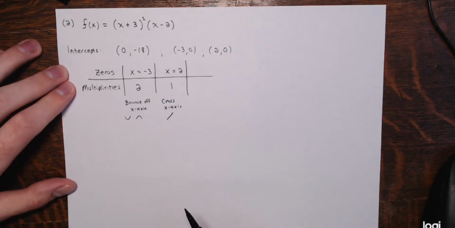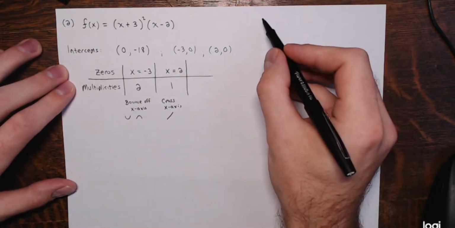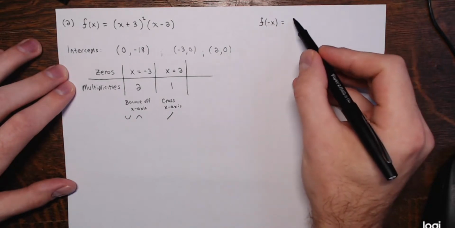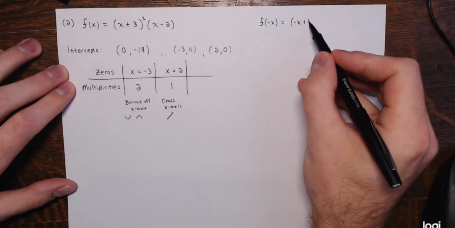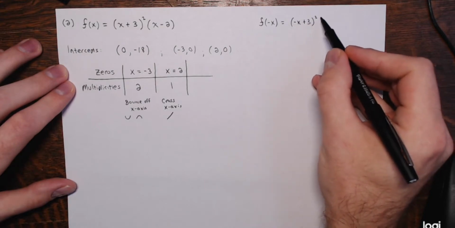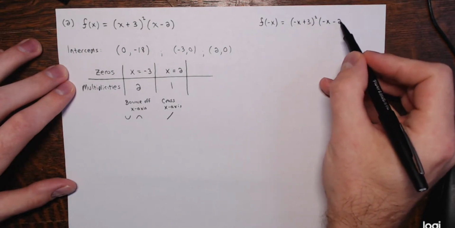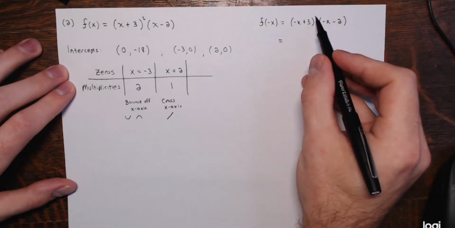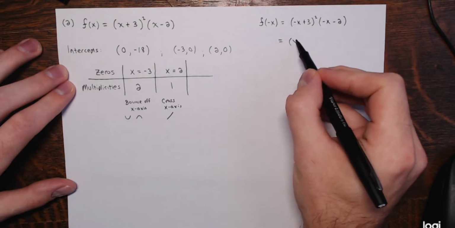All right, now for the symmetry stuff, f of -x would be -x plus 3 to the second times -x minus 2. And if I factor a -1 out of this, -1 squared is +1, so you'll just be left with x minus 3 squared.